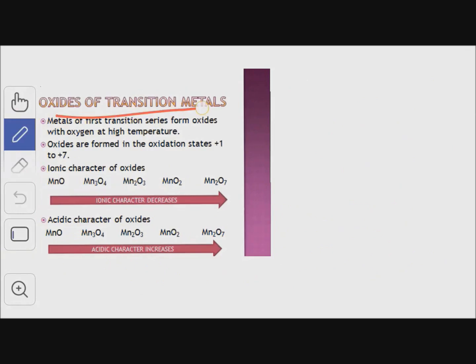Oxides of transition metals. Metals of the first transition series form oxides with oxygen at high temperatures, and the oxides are formed in oxidation states of +1 to +7.